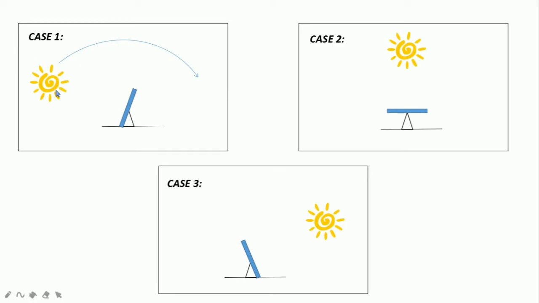In case 1, while the sun rises, it will be at this position, and our solar panel must be facing the sun so that it absorbs the maximum photons it can. In case 2, when the sun comes overhead, the solar panel should face it in this position, so that it can absorb maximum photons at that time too. In case 3, at the time of sunset, the solar panel must be in this direction to absorb the maximum number of photons. So the solar panel must be rotated to three different positions as shown in the figure.